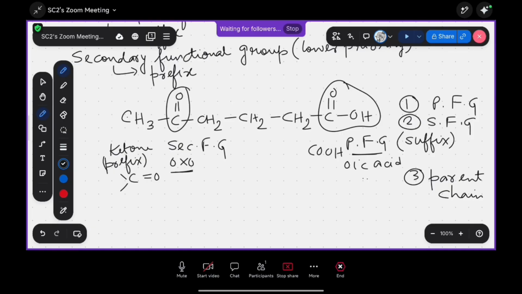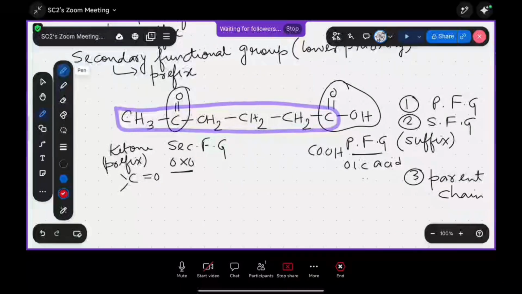Your parent chain will be somewhat like this. Both carbon atoms, the COOH carbon and the ketone carbon, are included within the parent chain.